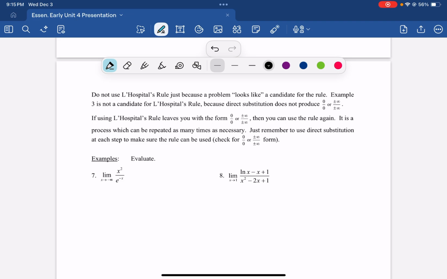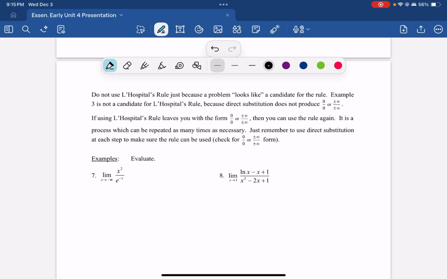Okay, so right, it says do not use L'Hopital's rule just because a problem looks like a candidate for the rule, right? Number 3 was our example. Also, sometimes we use L'Hopital's rule, everything, right? Like, set it up, say, yes, they both reach that indeterminate form.